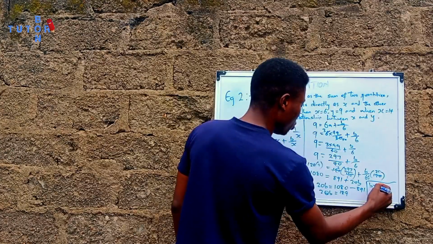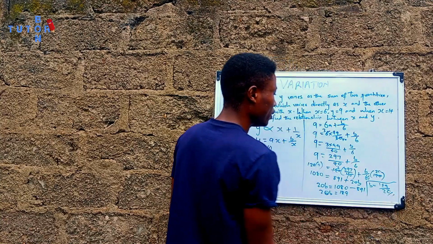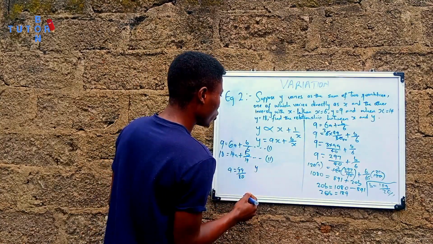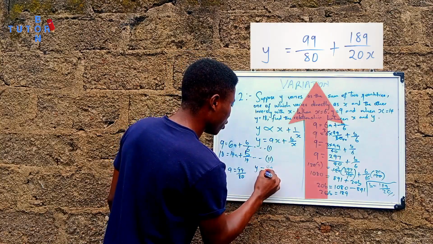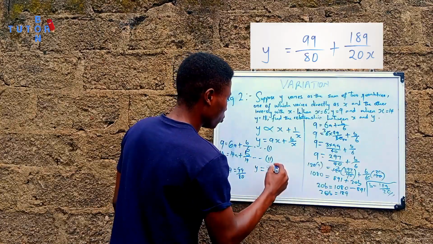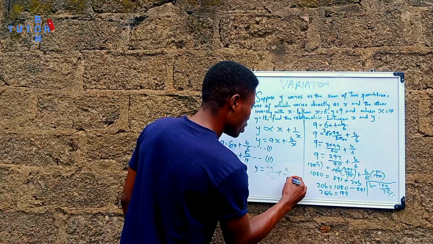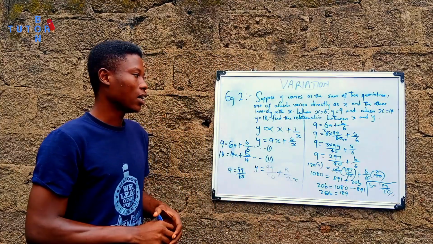Therefore my b will be equal to 189 over 20. So therefore the formula connecting y and x will be y equals a, my a is 99 over 80, plus 189 over 20 x, which will be our final answer.